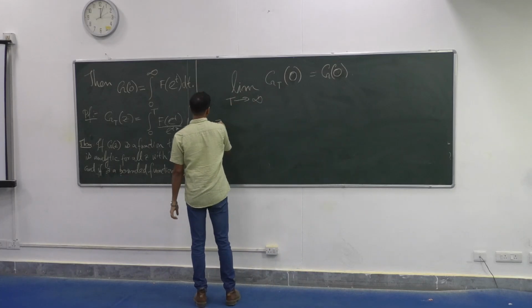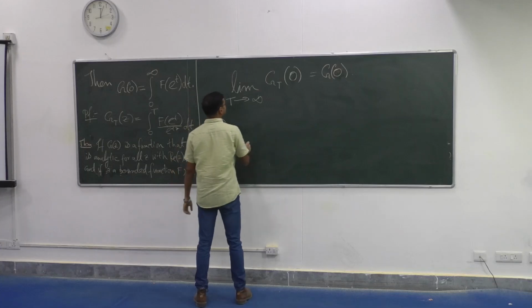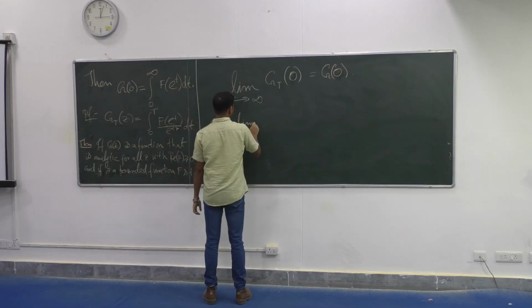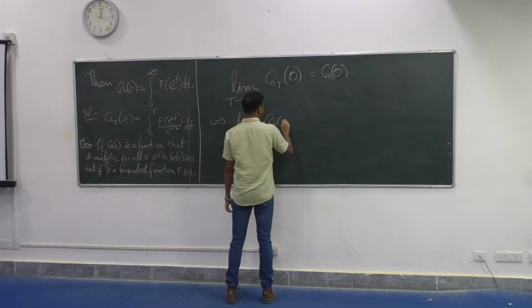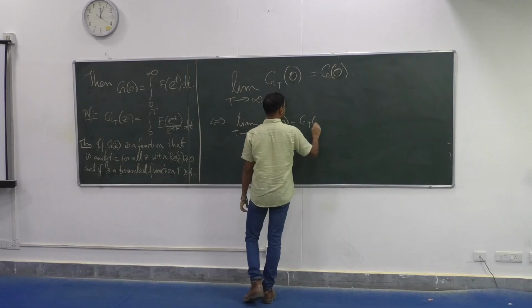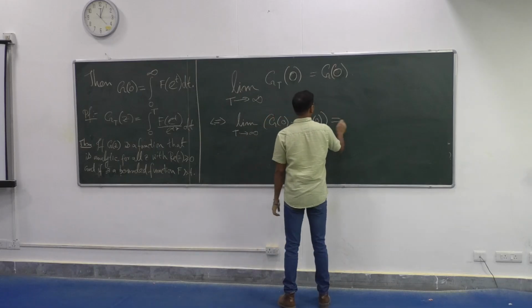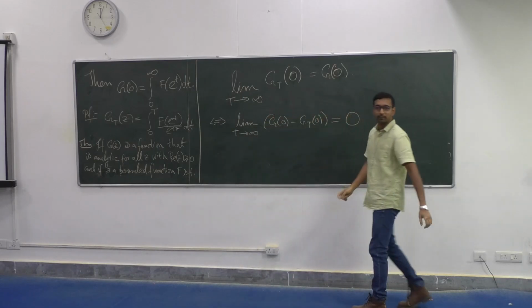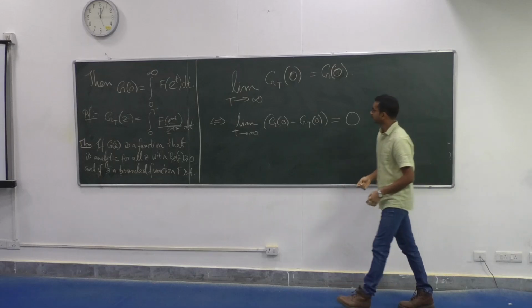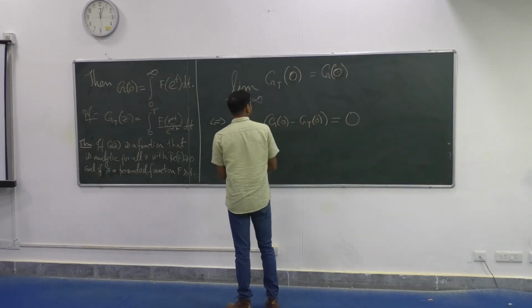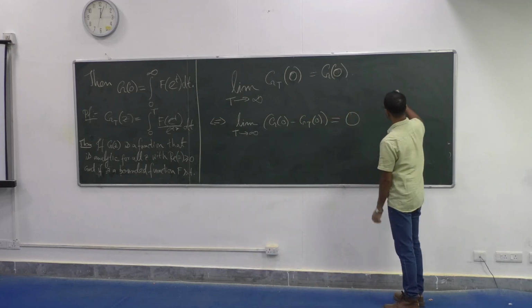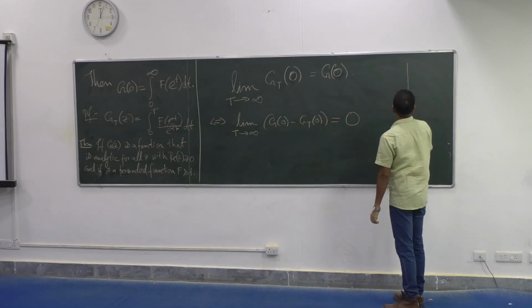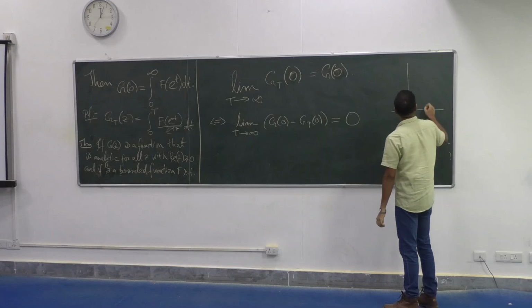This is equivalent to showing that the limit as t goes to infinity of g0 minus g_t(0) is equal to 0.